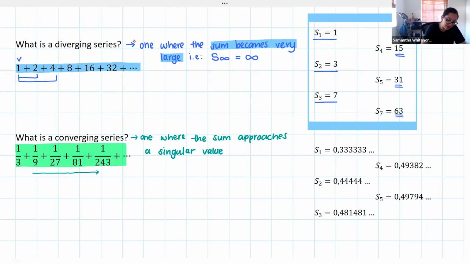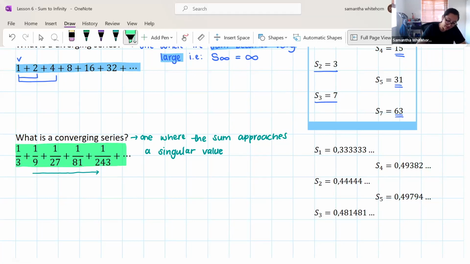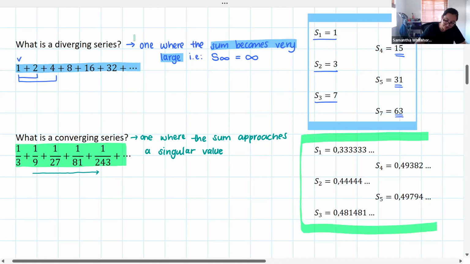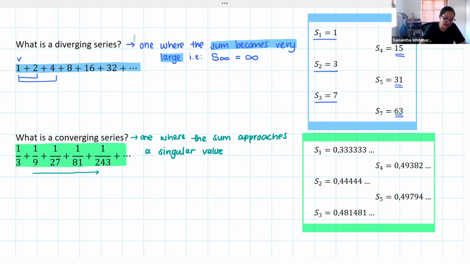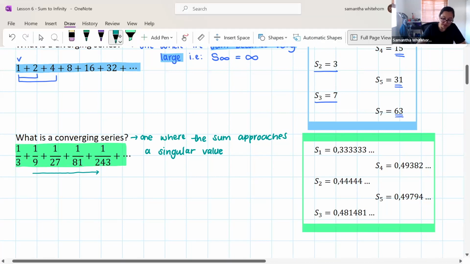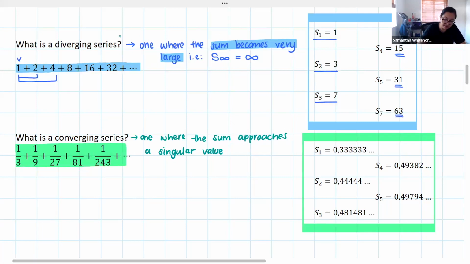So if we go and have a look at the sum of the series, you can see this over on the right here. The sum of the series, if we start to add our terms up, shows exactly that. If we just add term 1, that's a third, so that's 0,3 recurring. If we now add a third plus a ninth, that's 0,4 recurring.